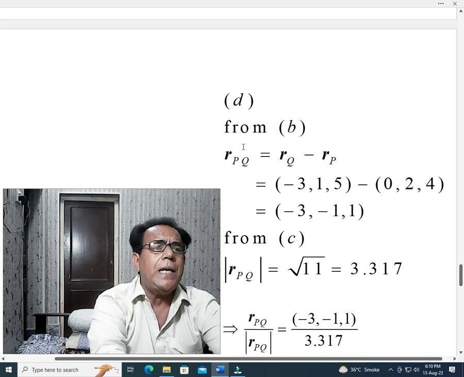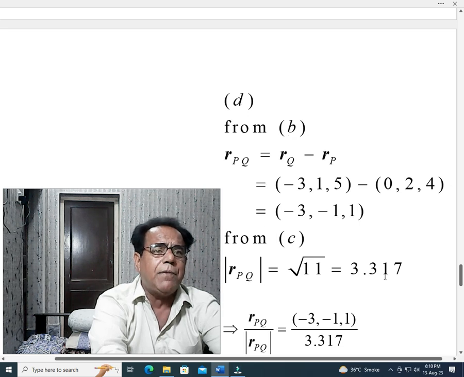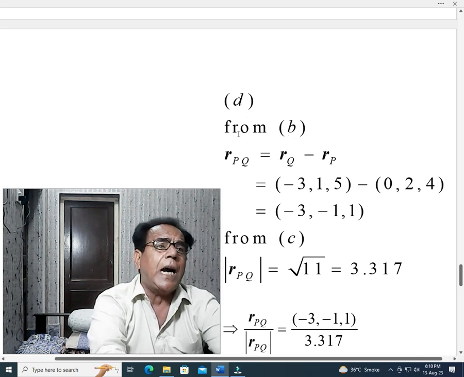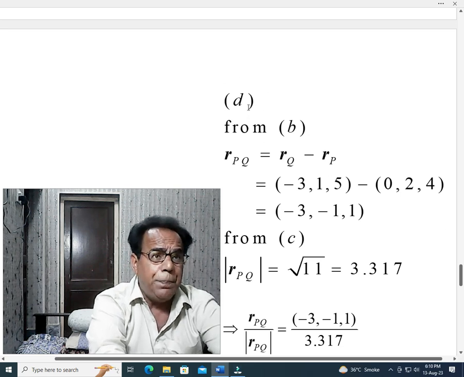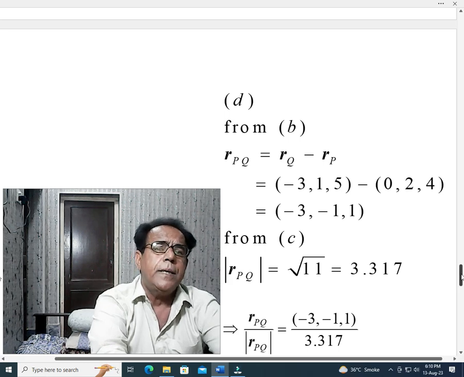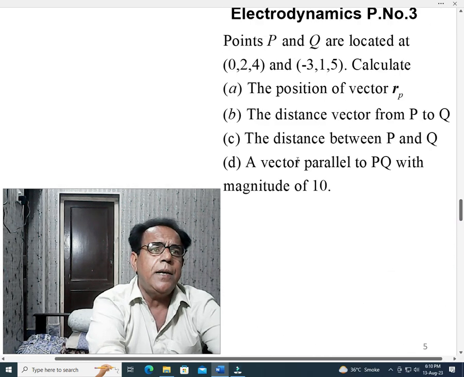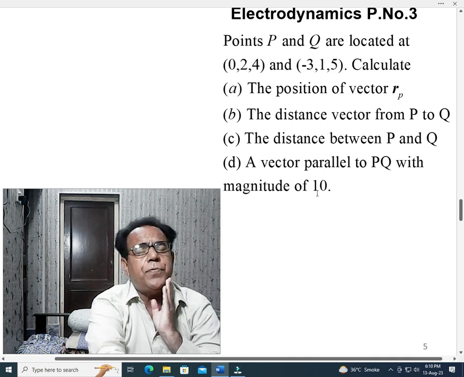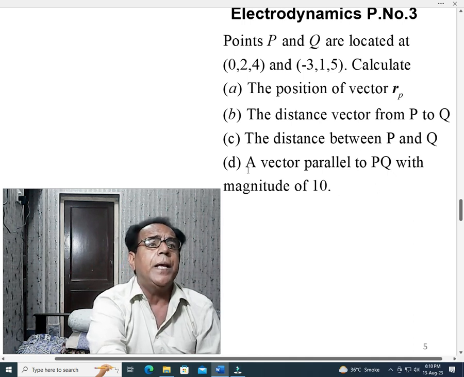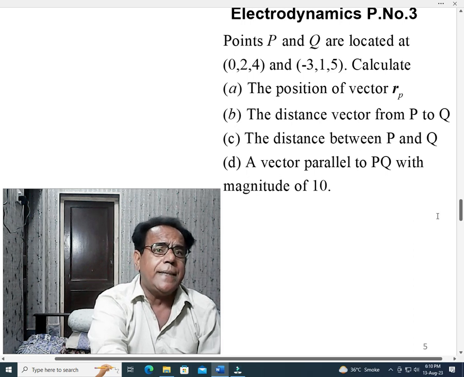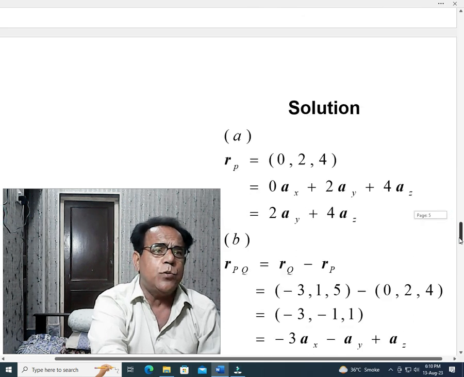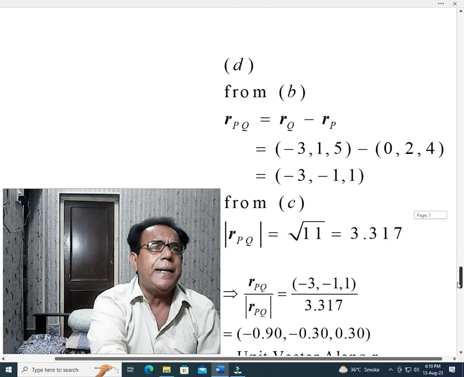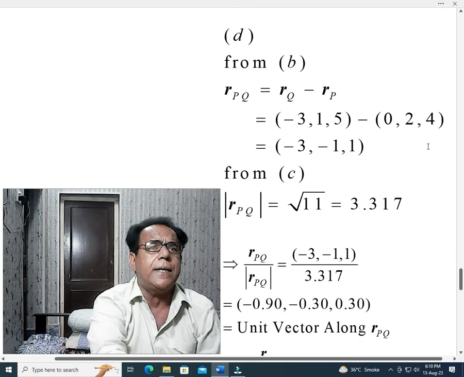In part D, parts B and C are being reused. A vector parallel to PQ with magnitude of 10. From B we know that this is this, and from C we know that this is equal to this.